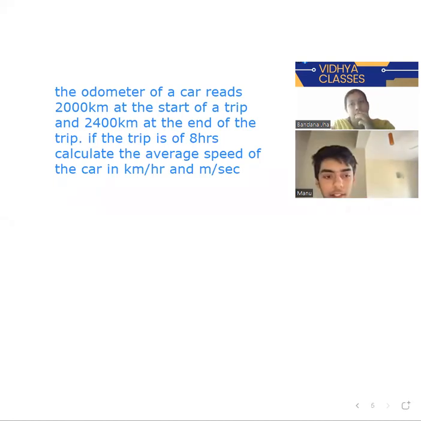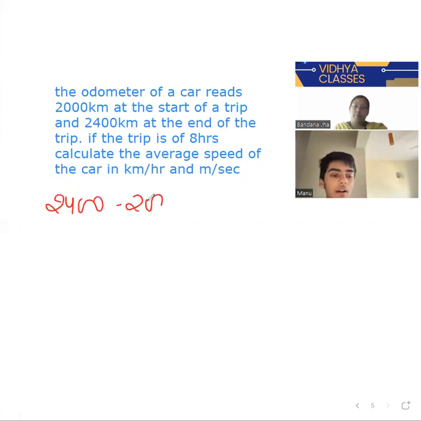So during the entire trip, if the trip is 8 hours, then 400 divided by 8 will give me an average speed of 50 kilometers per hour. To convert 50 kilometers per hour to meters per second, I have to convert kilometers to meters first.